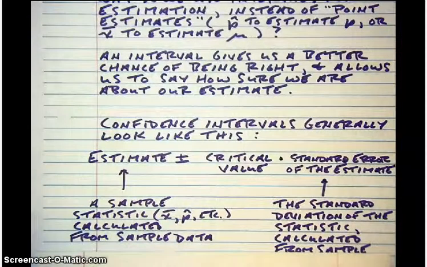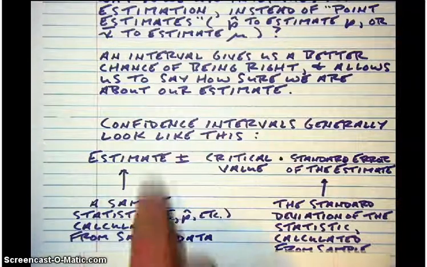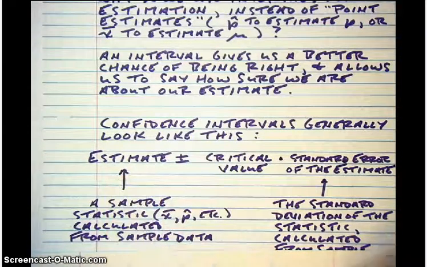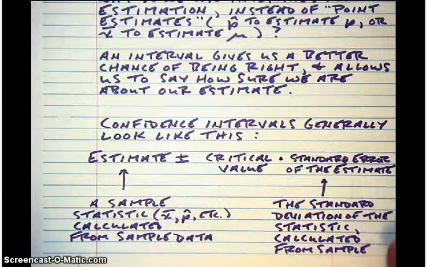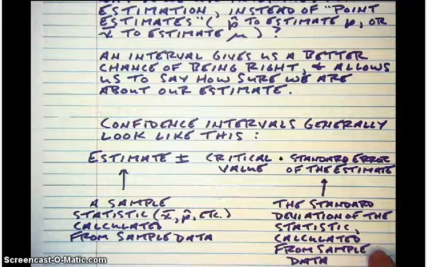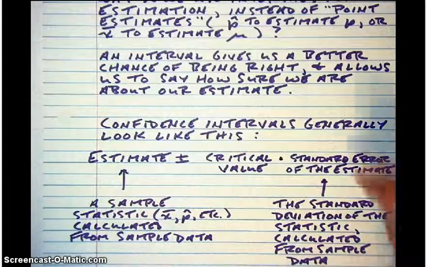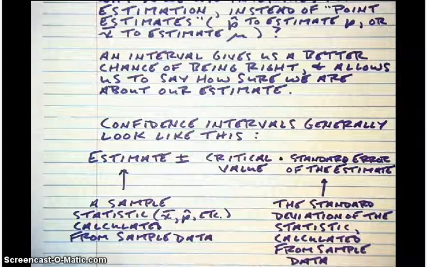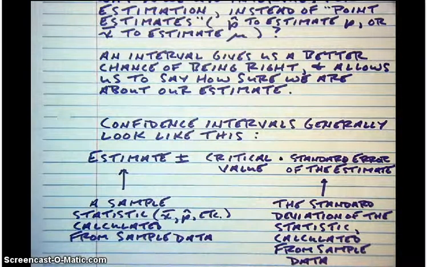It's x bar or p hat, depending on the context you're working in, and that's always calculated from sample data. The standard error of the estimate is the standard deviation of the statistic. It's also calculated from sample data. So two-thirds of this formula will come from sample data.